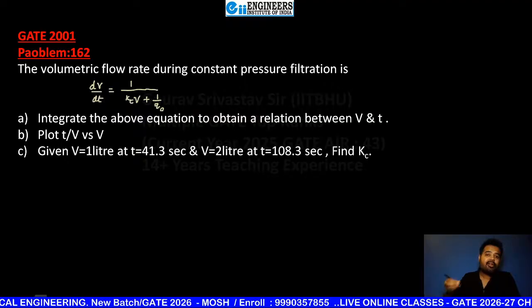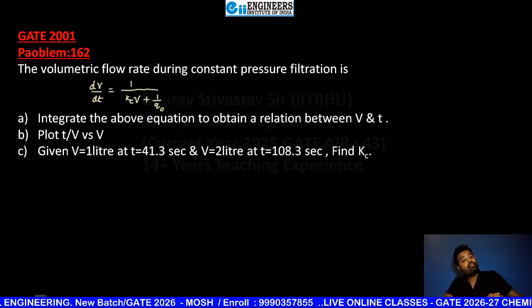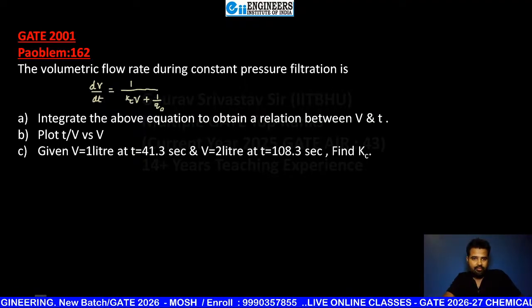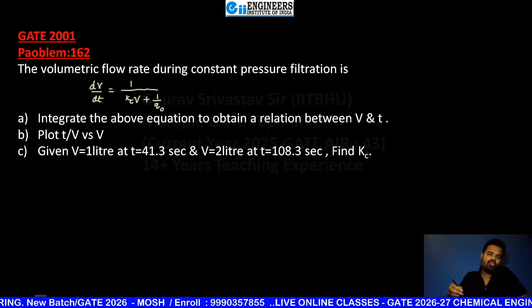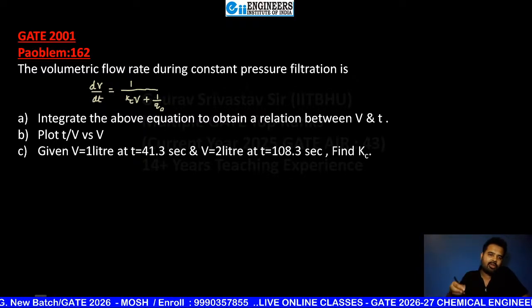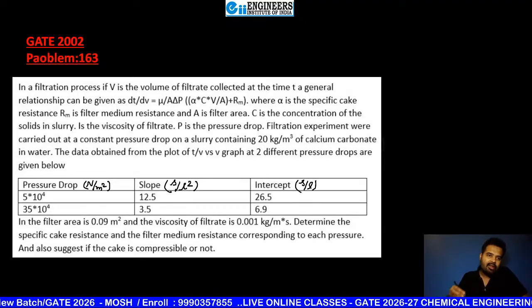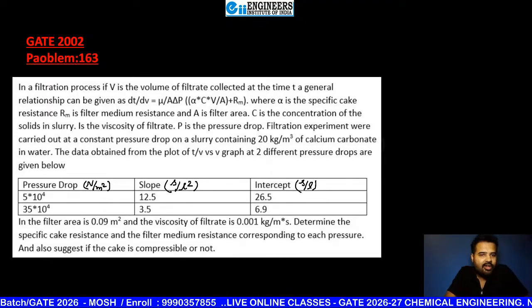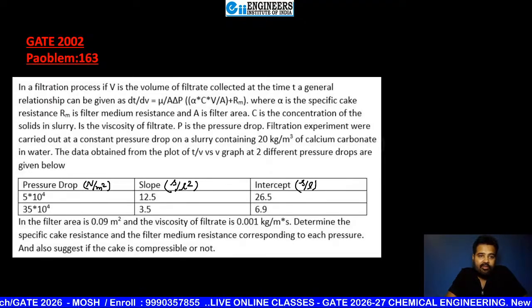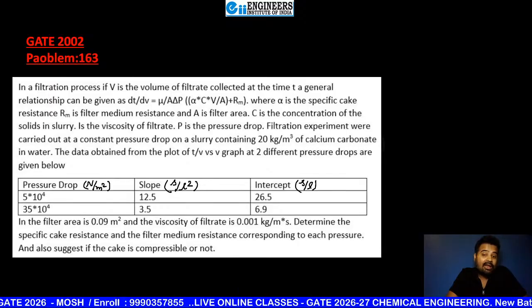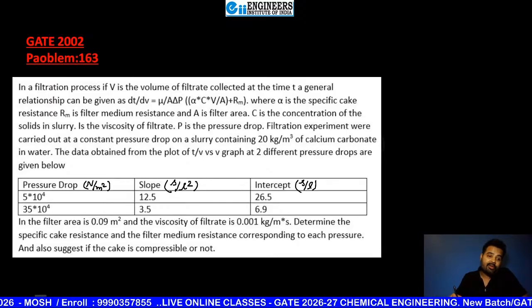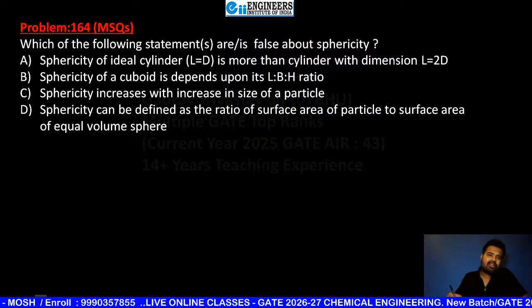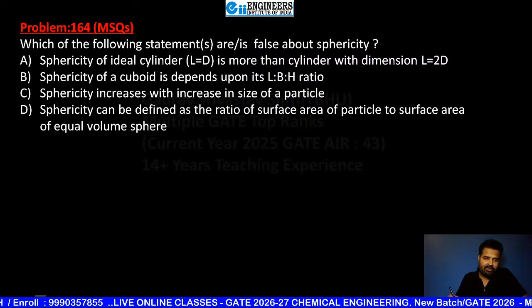And after that, this problem from 2001. You can also solve it today; it is not so long that you need 2 or 3 days. Finish all of today's homework. And this one is also a beautiful problem asked in GATE 2002 on filtration. See how large the numericals asked from this topic, filtration, are. Okay, very important chapter.